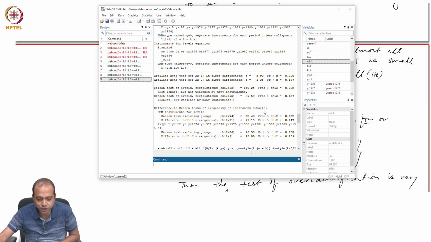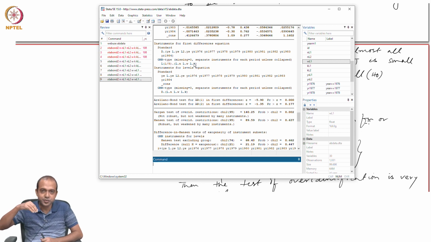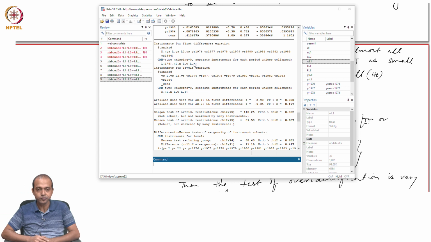Look at here, we are using controls from the first period to the 8th period of N, W and K, and that is why the number of instruments becomes exponential, and the number of instruments used can also determine the quality of the estimates, right. So, how to control for the number of lags, that we will learn later on.